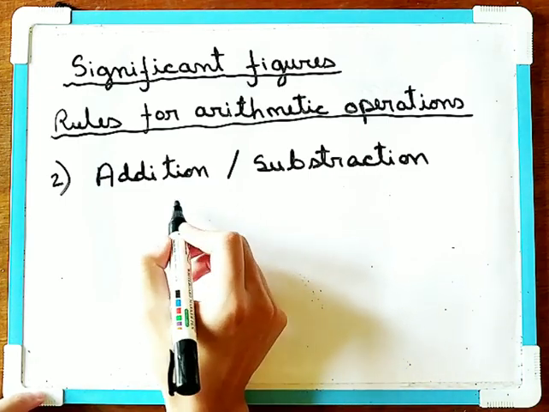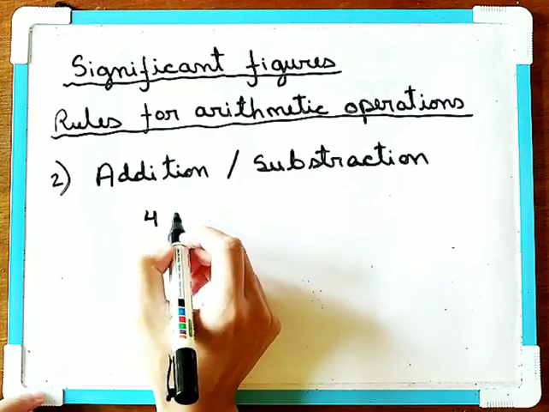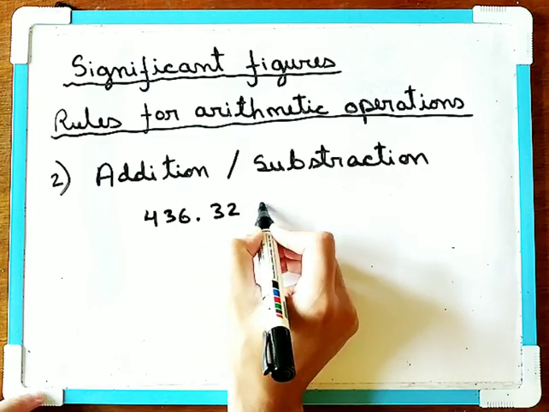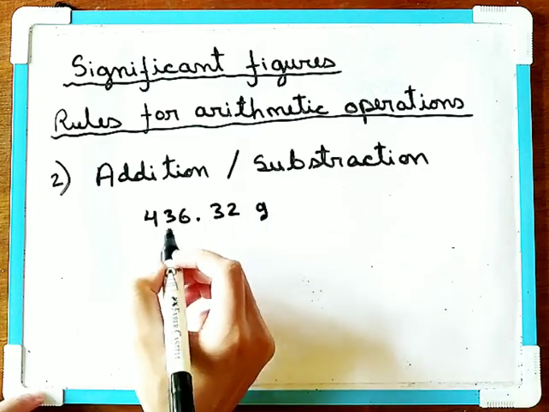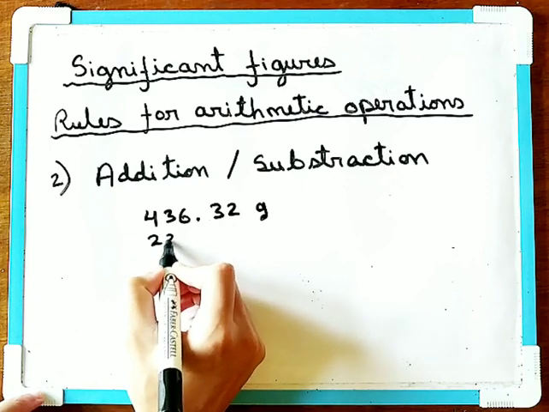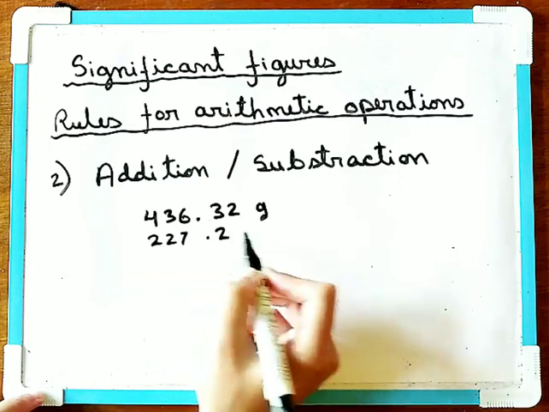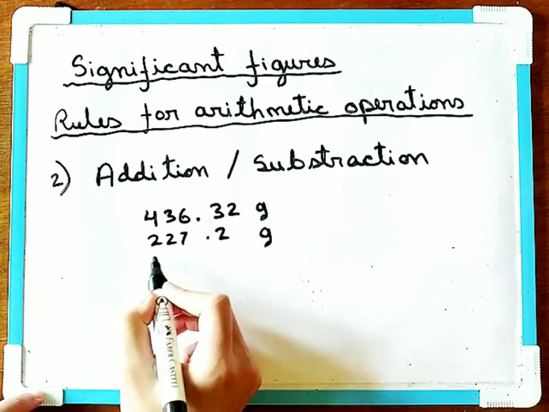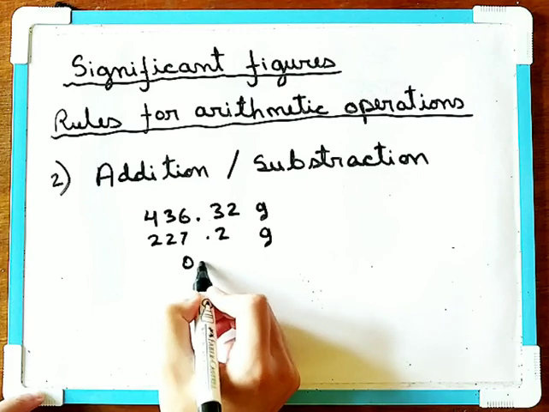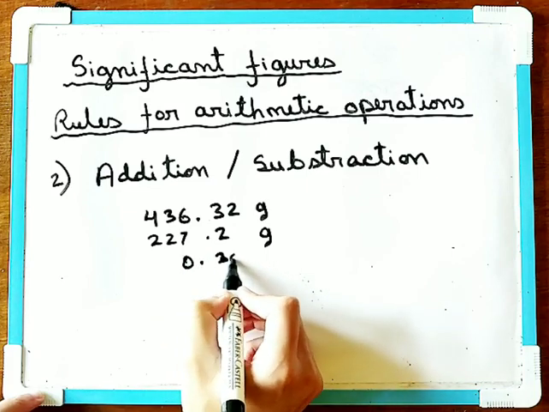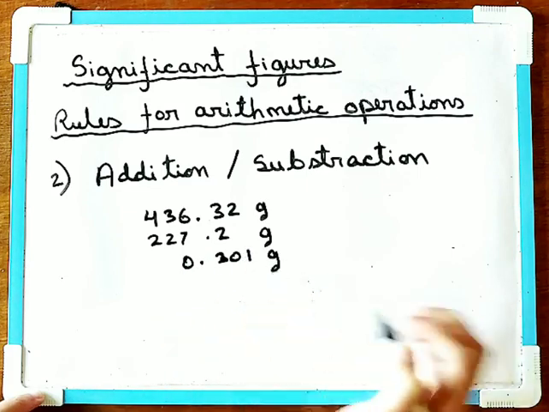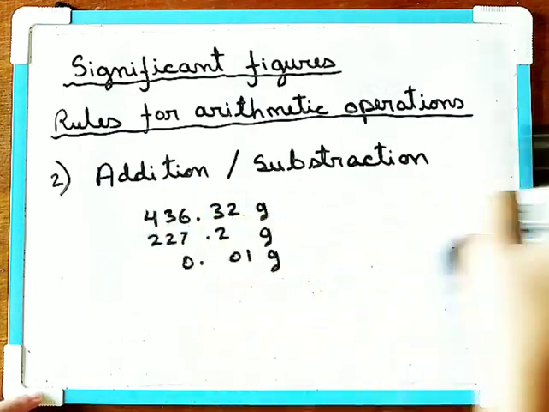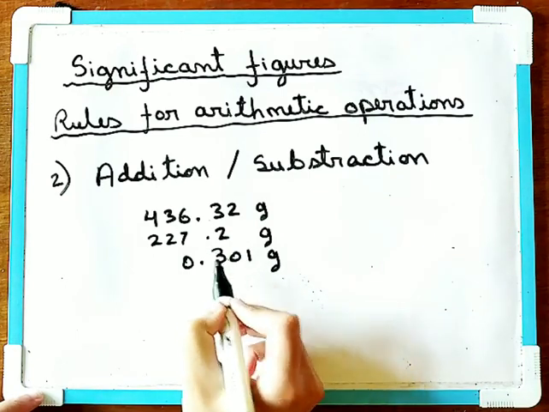For example, we have these 3 quantities of mass: 436.32 grams, then 227.2 grams, and 0.301 grams. So let's add these 3 quantities.